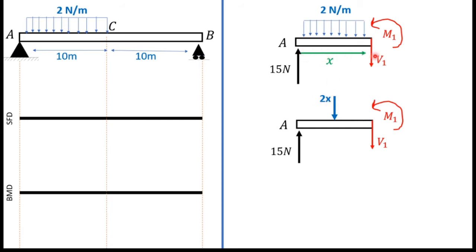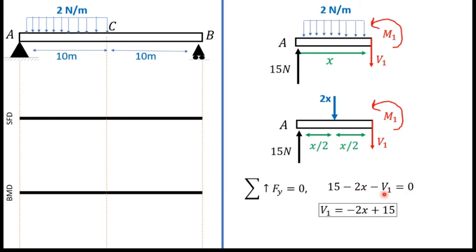Length of this beam is X, so it acts at the middle of the beam, that is X over 2. Now I can find this V1 force, so I can get 15 minus 2x minus V1 equals 0, and I can get the answer for V1 as V1 equals minus 2x plus 15.